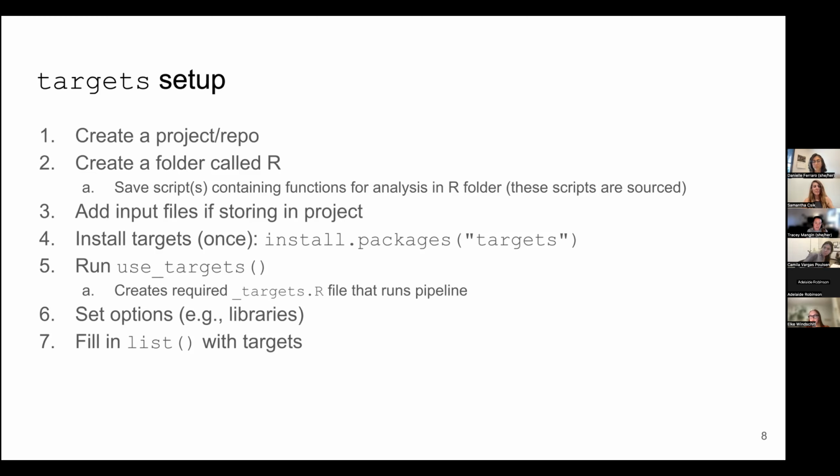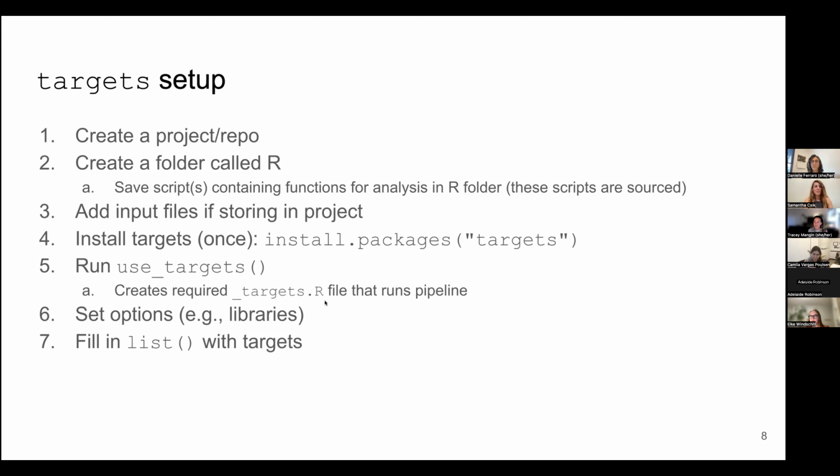And then we just need to install the targets package. The code install.packages targets will install the CRAN version. Then we run use_targets, which populates your project with specific targets-related files and folders, including this _targets.R file, which runs your entire pipeline.